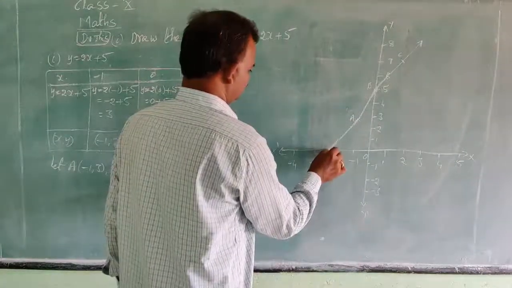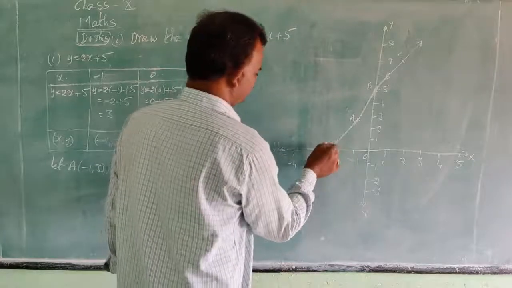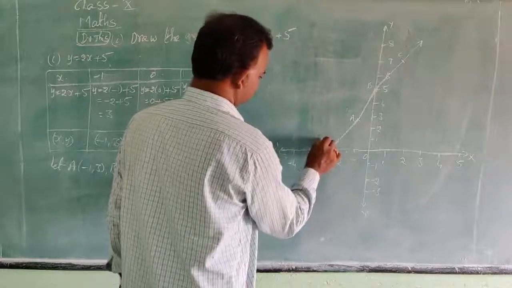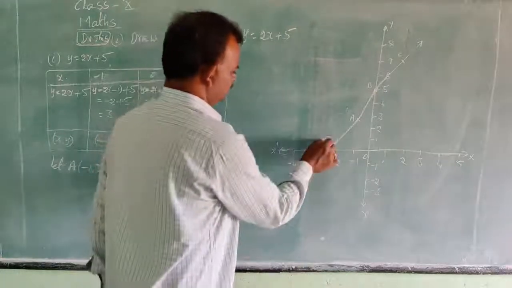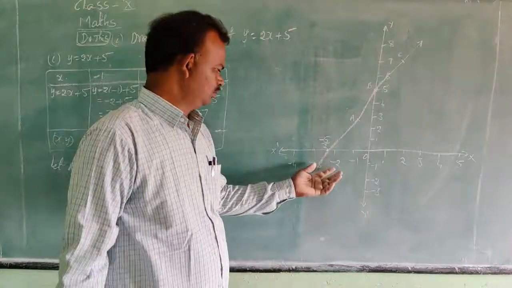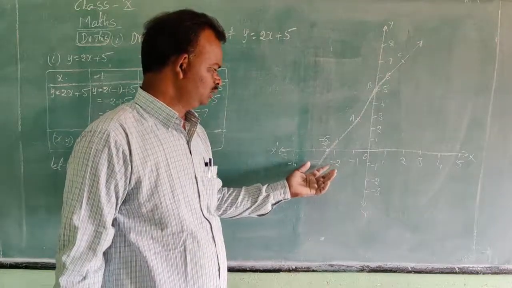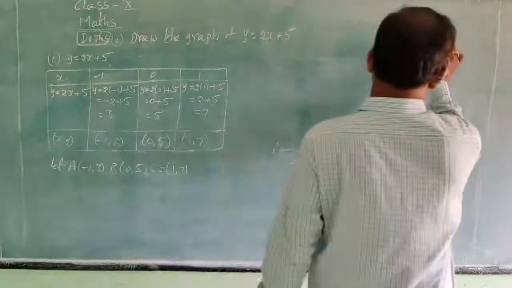It touches the x-axis at minus 5 by 2. That means it lies between minus 2 and minus 3.